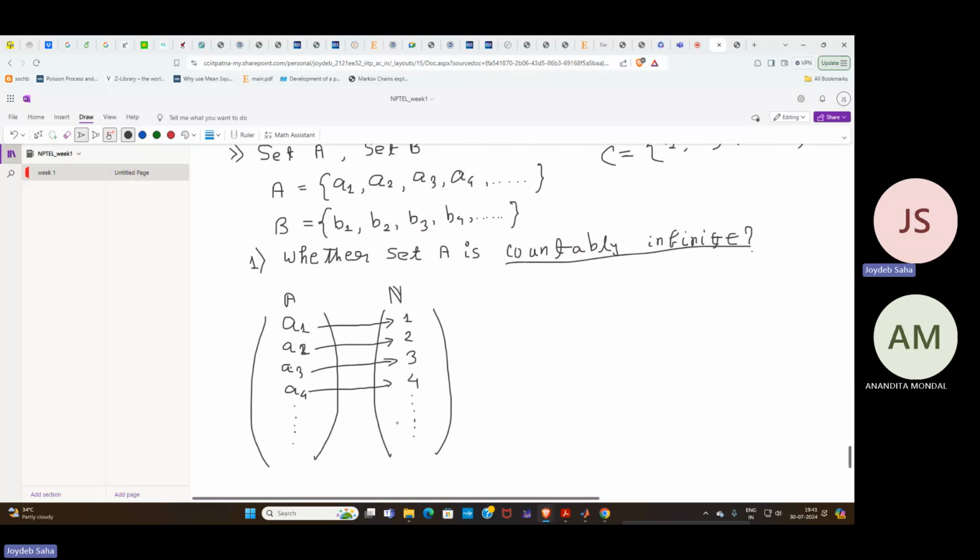So there is a bijection mapping between A and N. So we can say that A is countably infinite.